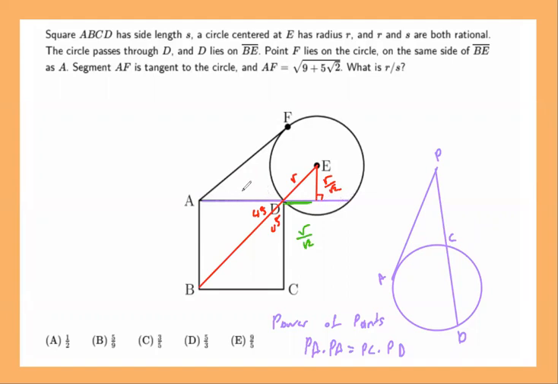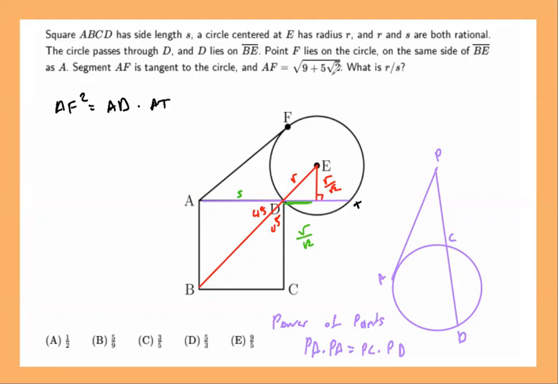And now we know this is S. So now we can use our power of a point. The AF to the second power equals the distance between the point outside of the circle and the tangent point, multiplied twice, that's basically PA squared, and equals the distance to the first intersection, which is AD, times the distance from A to the second intersection, which is AT.